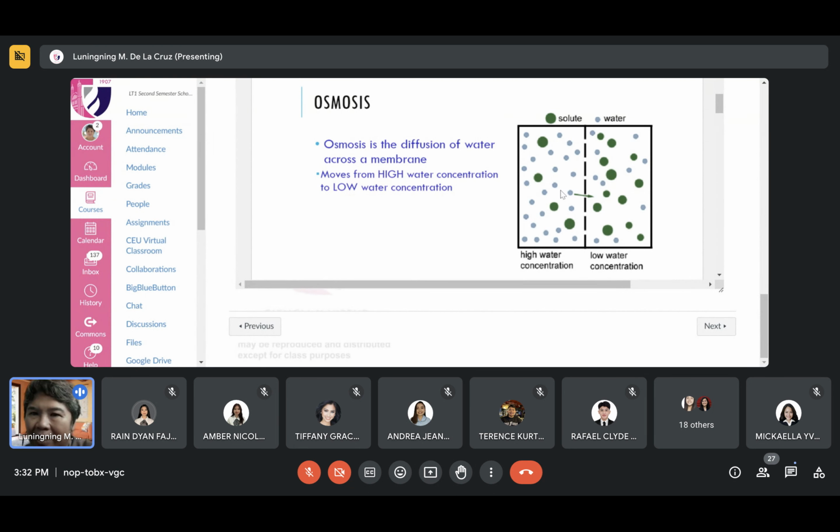As you can see from this one, there is more water on this part as compared to this part, so the water moves from this part to the other part.